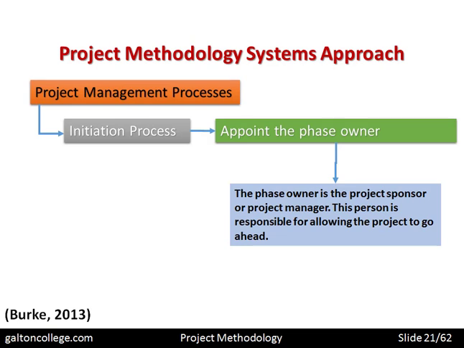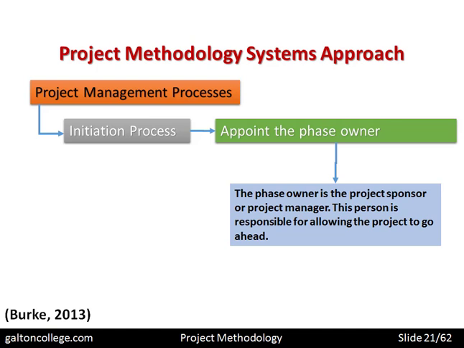So, initiation process. Well, appoint the phase owner. So who will be the person who deals with this initiation process? The phase owner is the project sponsor or project manager. This person is responsible for allowing the project to go ahead.